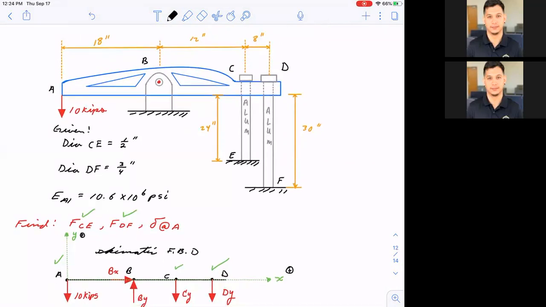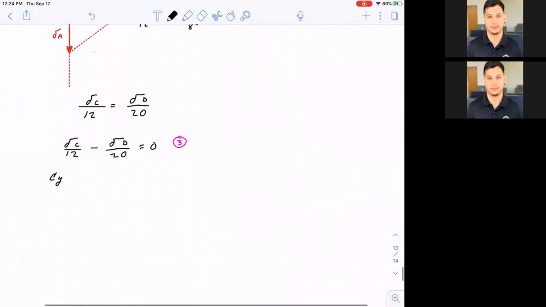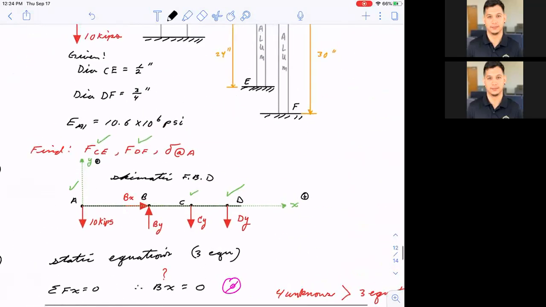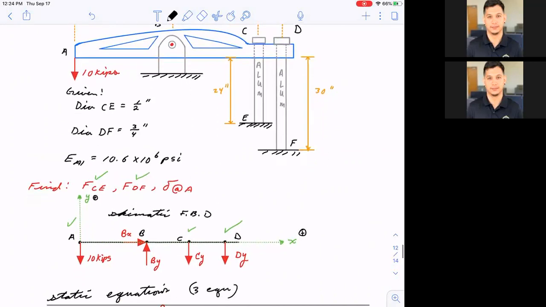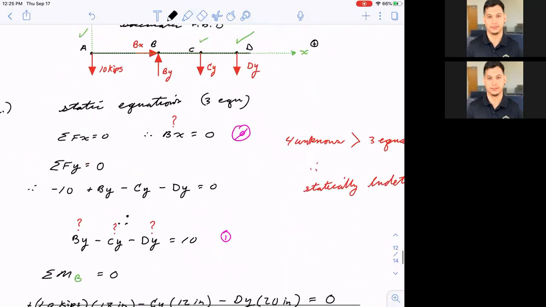Yeah, it's 24 inches, divided by E. What is E of those screws? 10.6 times 10 to the 6 psi.